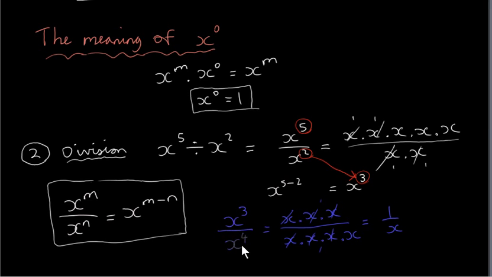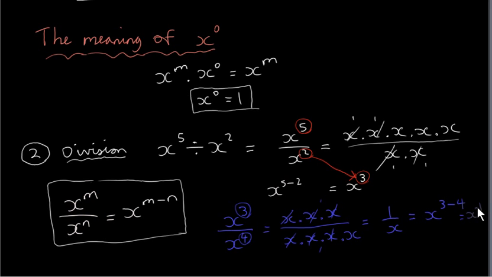But of course, if we apply our rule, we know that this must equal x to the power of 3 minus 4. So we're assuming that this rule works for any numbers m and n, even if m is less than n. So we take the power on top and subtract the power underneath. But 3 minus 4 is minus 1. So we get x to the power of minus 1.